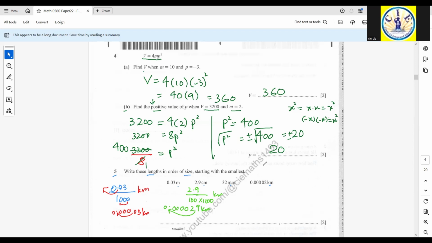Then for 32 millimeters. Since we know that 1 centimeter is equal to 10 millimeters, when I divide this 32 by 10, the answer will be converted into centimeters. Then dividing it by 100, it will be converted into meters.